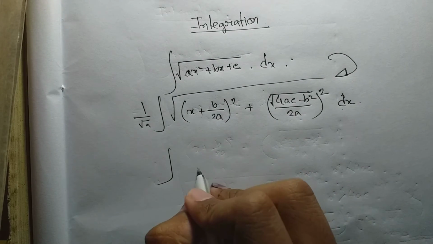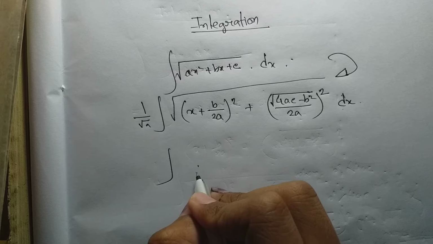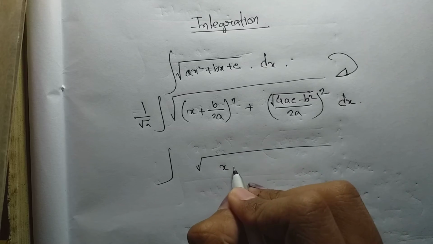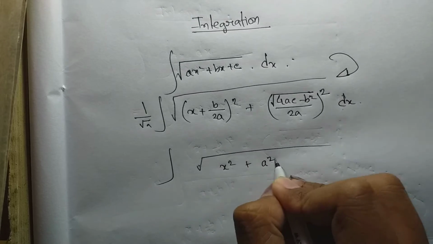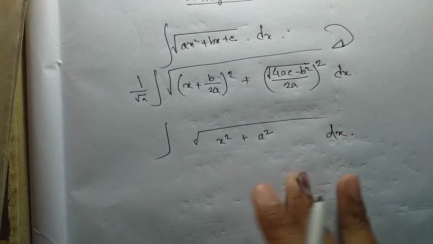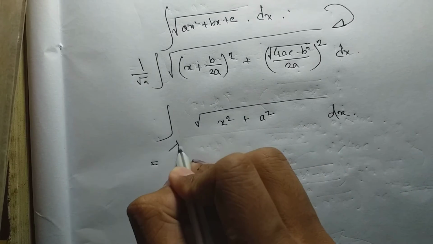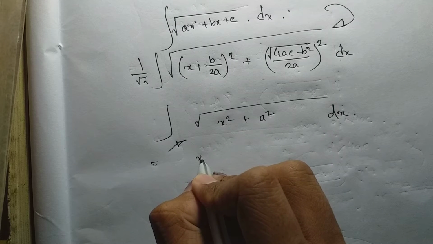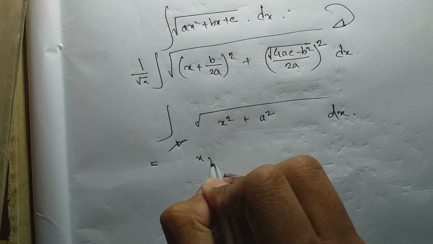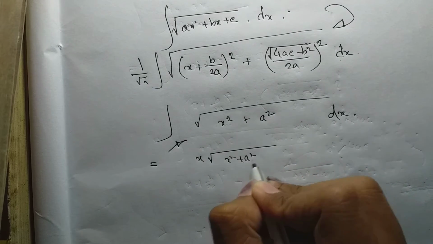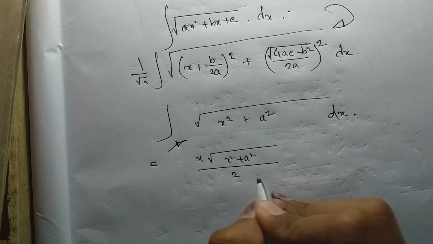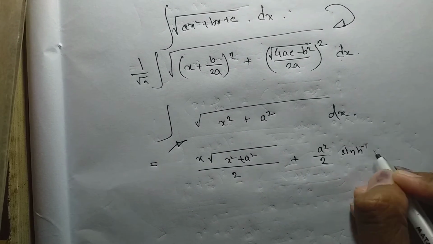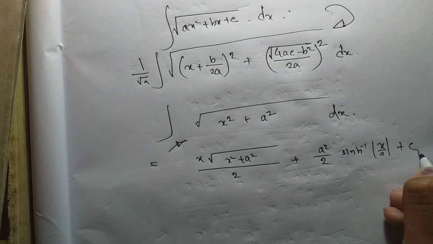The formula is the integration of root over x squared plus a squared. For this we can write x root over x squared plus a squared by 2, plus a squared by 2 sinh inverse x by a, plus c.